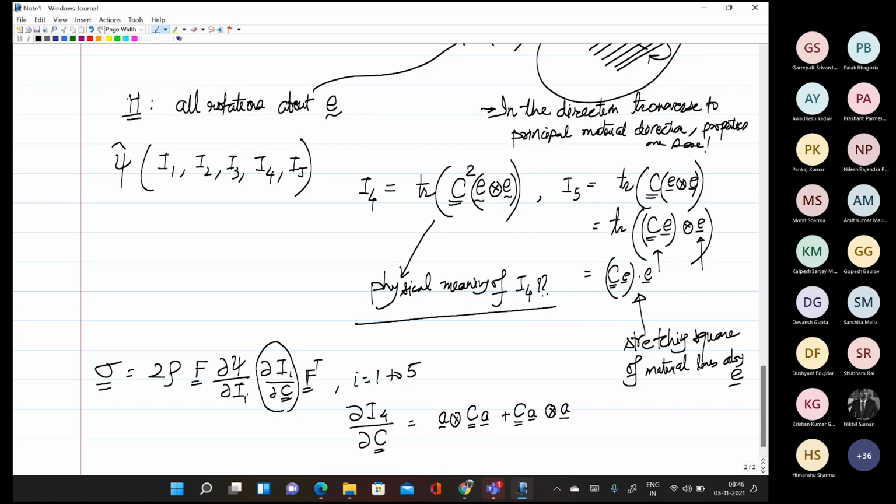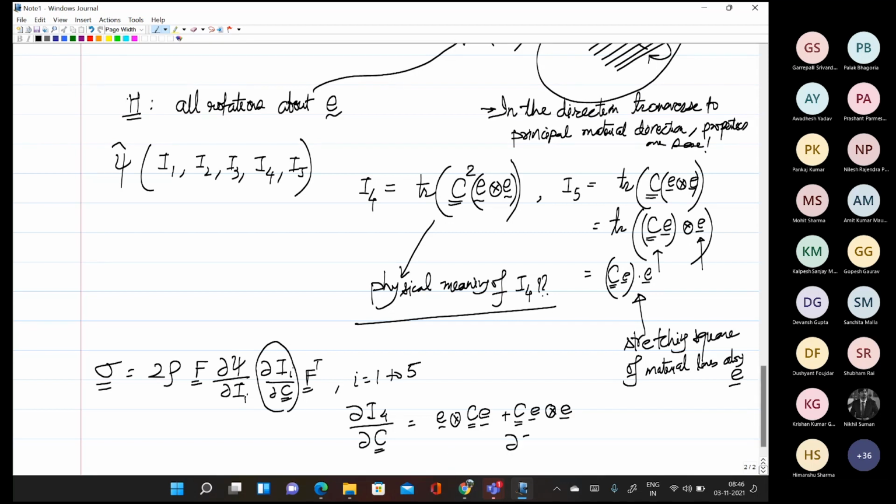Sorry, this is E, not A. So again, you have to use indicial notation, all right? And then you'll see that it won't be difficult to work out.